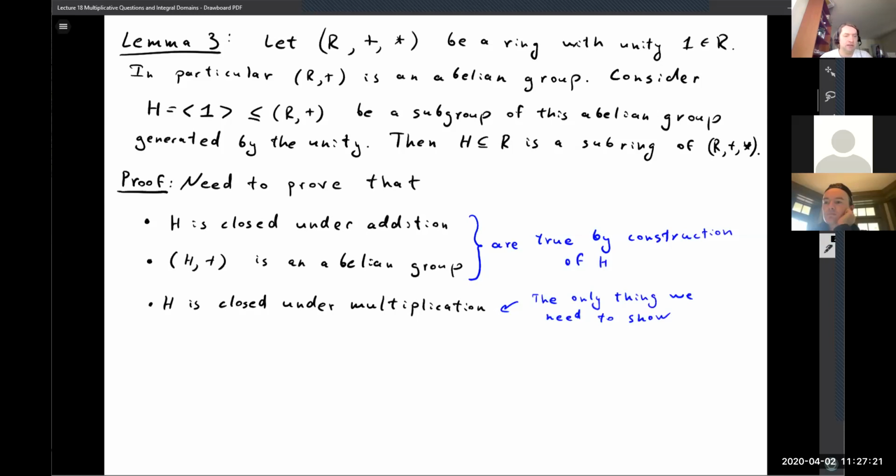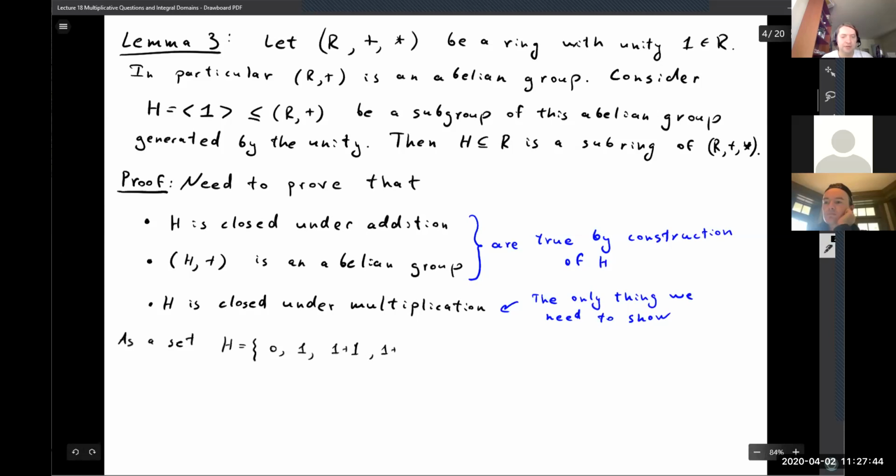So as a set, H contains the following elements. There's obviously 0, which is the identity of this abelian group R plus. There is 1. There is 1 plus 1.